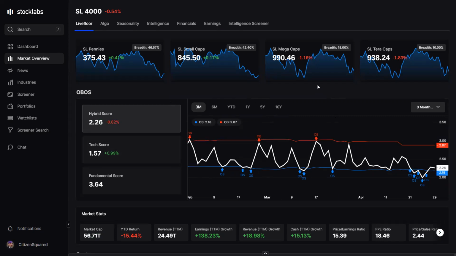So that's why I say that this main page with this OBOS, overbought, oversold, is kind of like the mother algorithm for everything else.